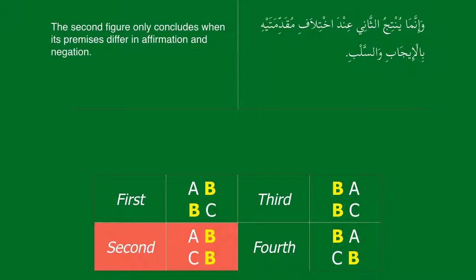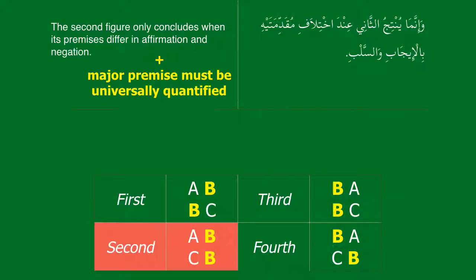So he said the second figure only concludes when its premises differ in affirmation and negation, meaning if the major premise is affirmative, then in order for the second figure to conclude, the minor premise needs to be negative, and vice versa. They need to differ in affirmation and negation. There's another condition which Abhari didn't mention, namely that the major premise must be universally quantified.